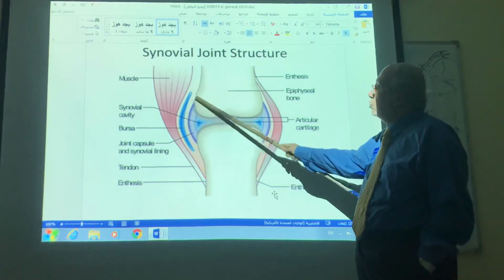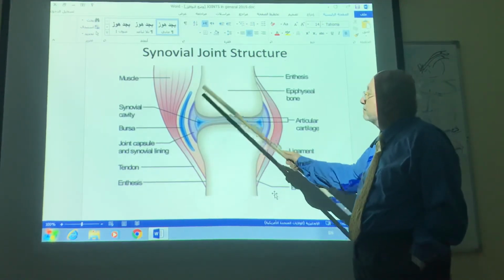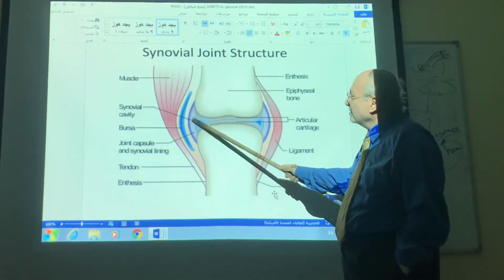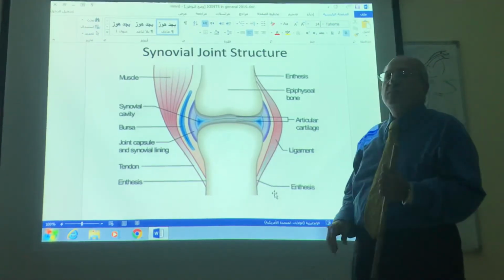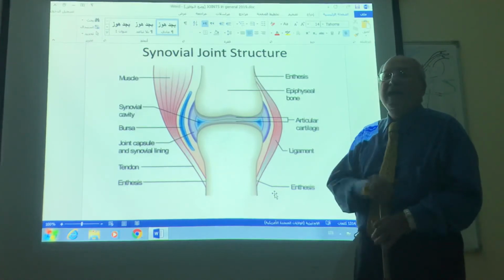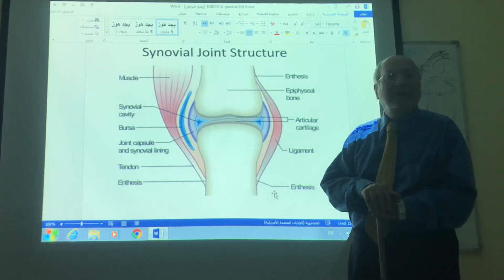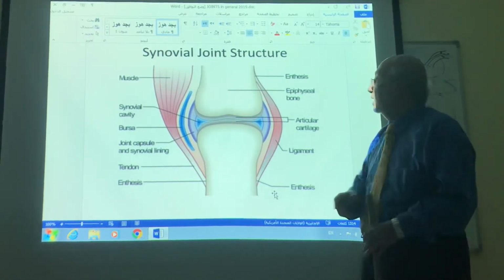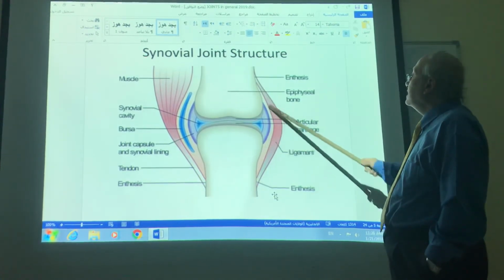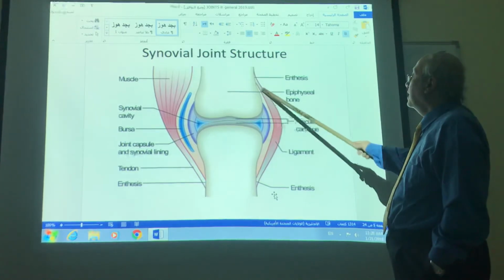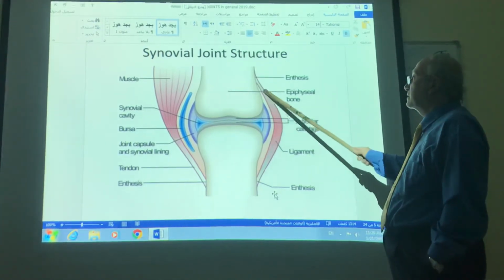The capsule is lined by a synovial membrane. And from outside, the capsule is supported by ligaments.